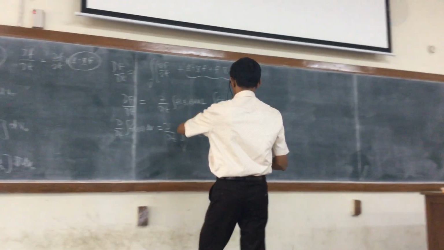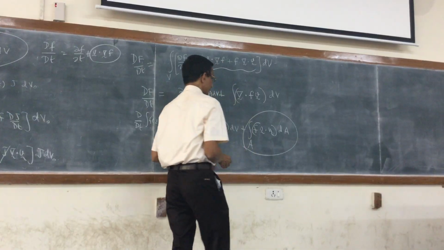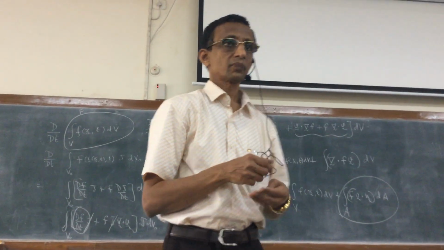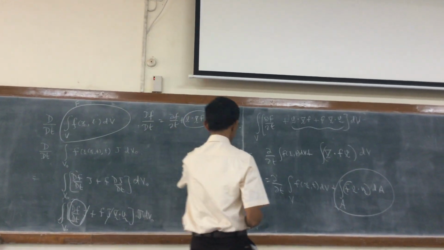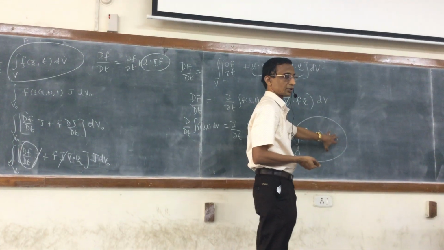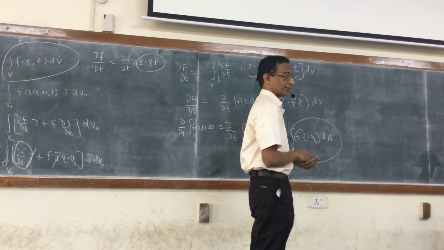Now, if I look at this quantity, there is an important physical interpretation for it. What this says is the substantial derivative of the integral is the spatial derivative plus this quantity, which I now want to look at physically to see what it represents.